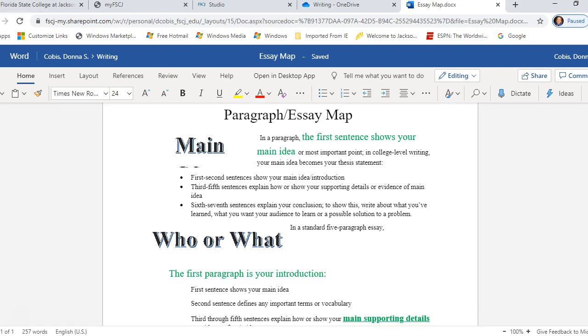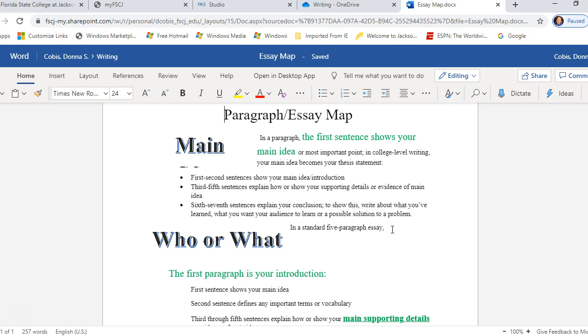Also, in your first paragraph, you will have a few sentences that will briefly explain or support your main idea. And your last two sentences of your first paragraph will briefly explain your conclusion. So you want to be explicit in an essay.